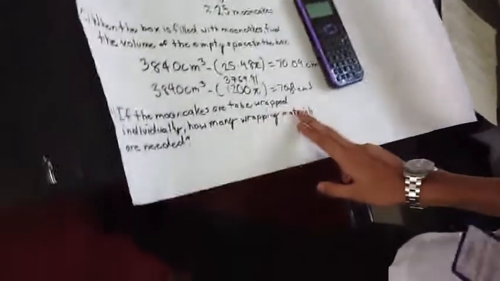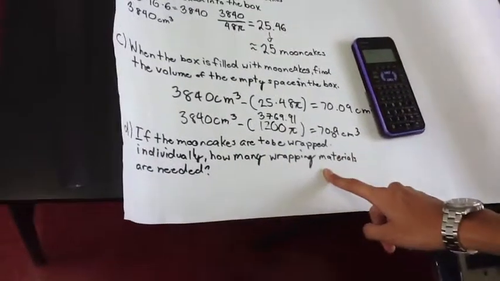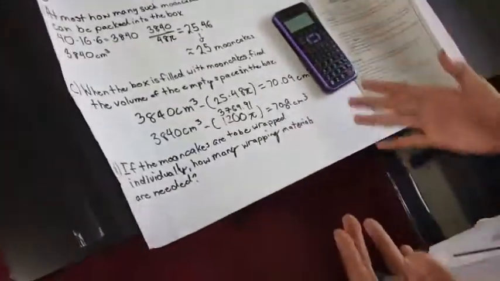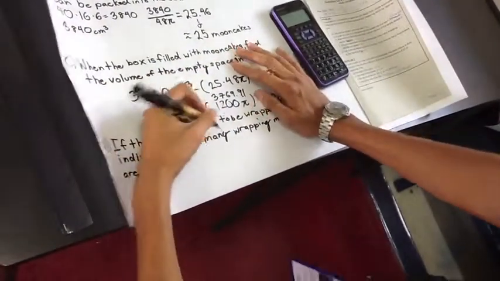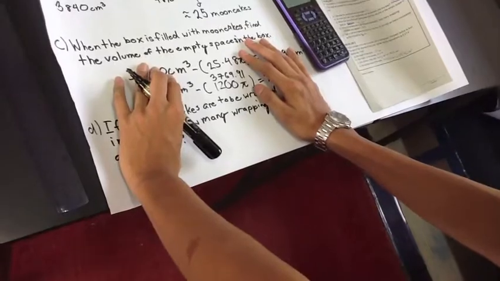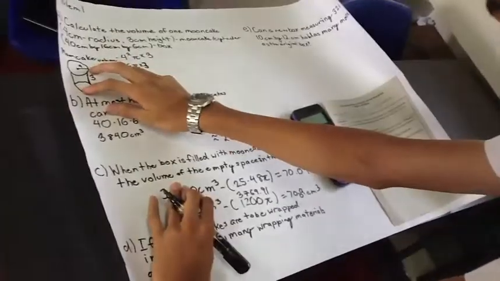If the mooncakes are to be wrapped individually, how much wrapping material is needed? As you know, wrapping would equal the surface area of the cylinder. The surface area of the cylinder is divided in two parts: the two circles and the lateral side.